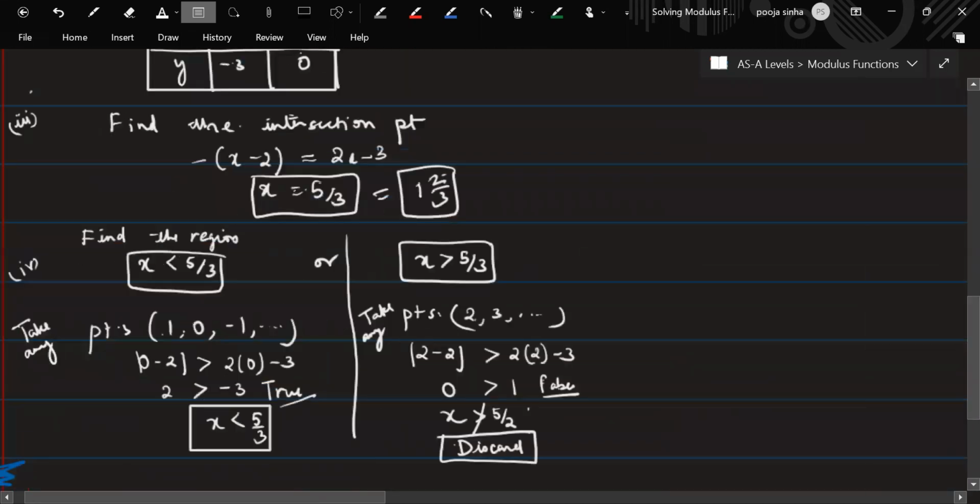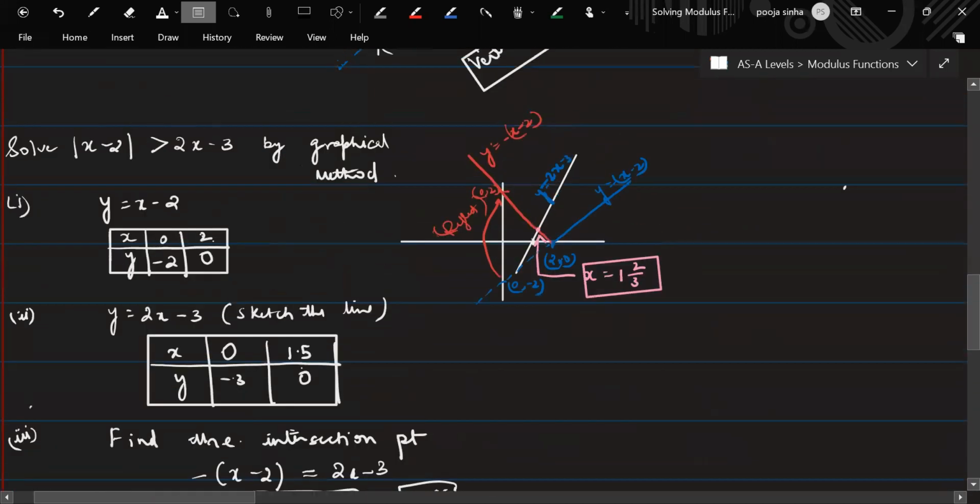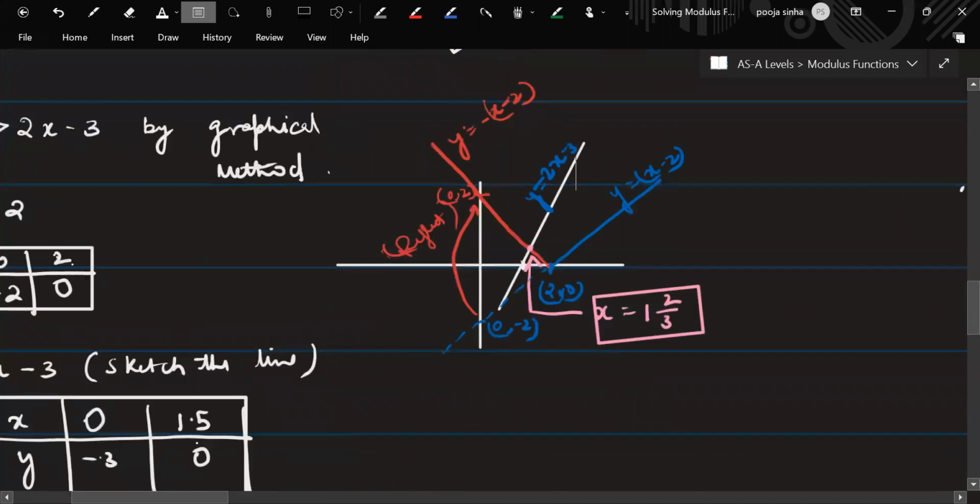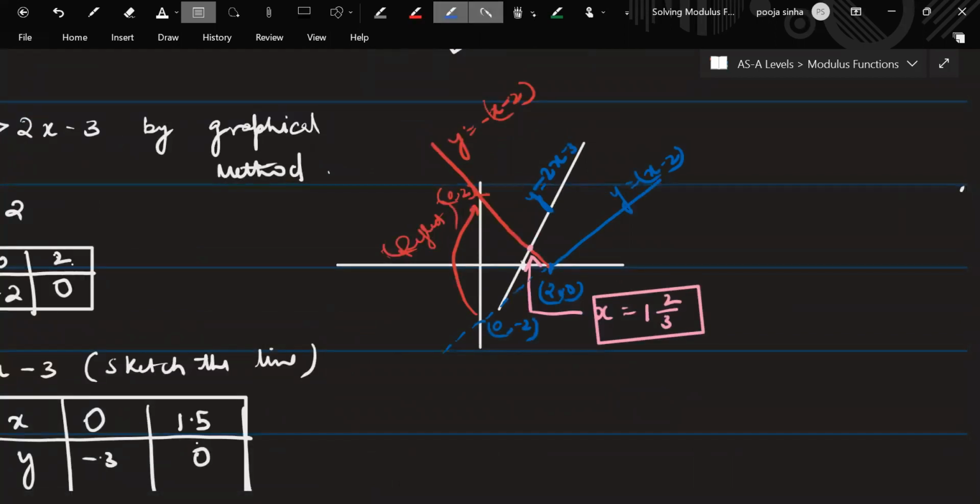After finding the intersection point, we need to find out the actual region, where x minus 2 is greater than 2x minus 3. Okay. So one side is this side. Observe carefully. One side is this side.